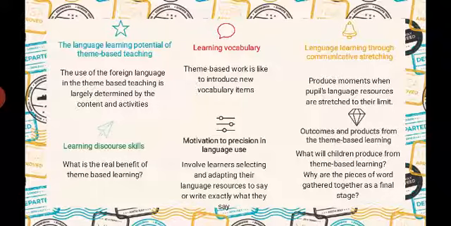So to answer the second question, why are the pieces of work gathered together as a final stage? In outcomes and products, so hard to pronounce it. We need to know that the pieces of work should be gathered together as a final stage.